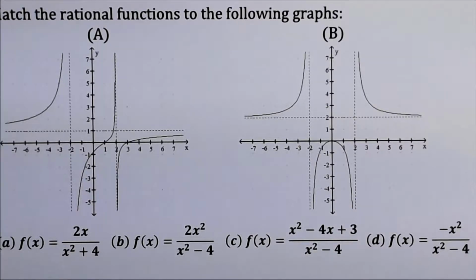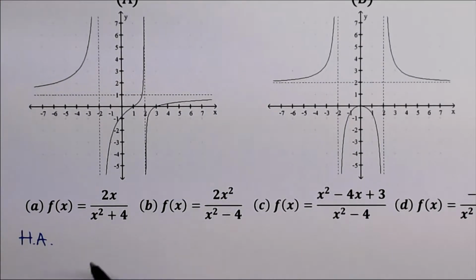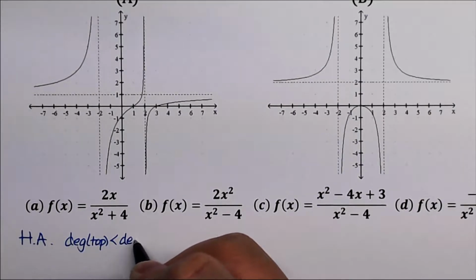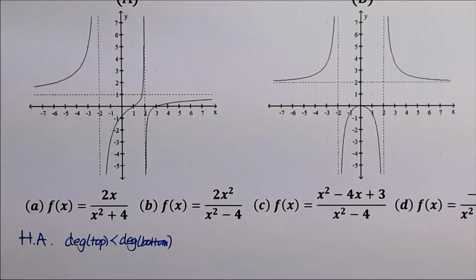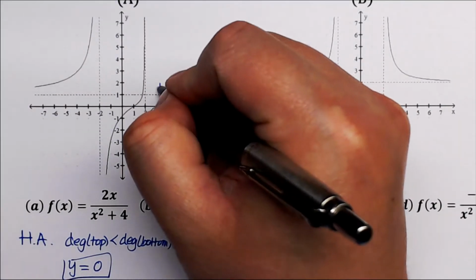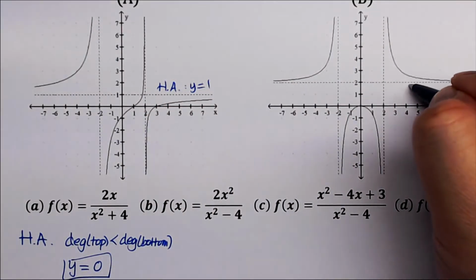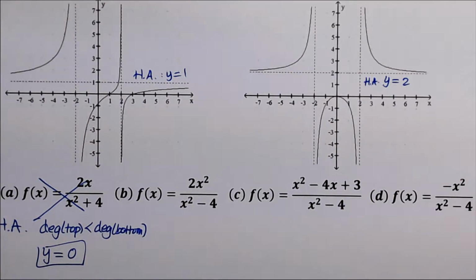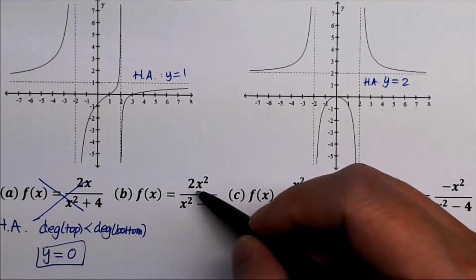Right. So let's say we store -4 into x. And then we enter this function, x squared minus 4x plus 3 divided by x squared minus x minus 6, and that gives us 2.5.